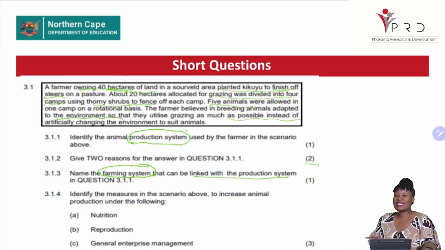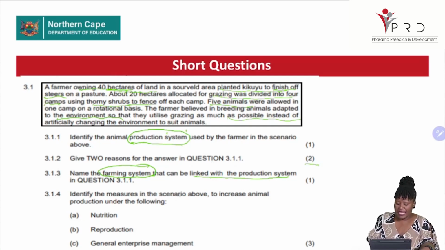So we are looking at the similarities between these production systems and the farming systems. Which one is linked to the extensive system that we have mentioned? Is it a subsistence farming system or is it a commercial farming system?